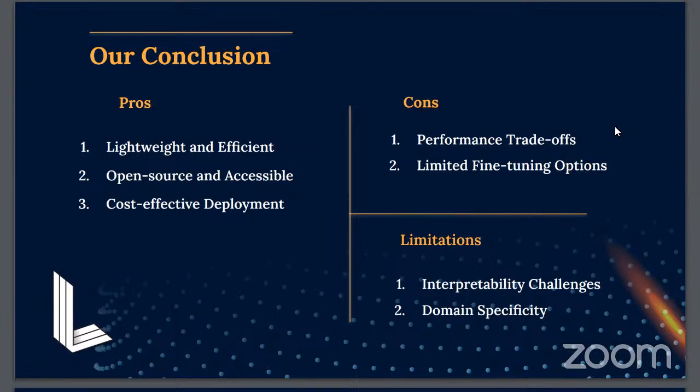The second is that it's open source and accessible, available on Hugging Face, so it can be accessed openly. The third is cost-effective deployment. Training and running TinyLlama requires significantly less infrastructure and financial resources, making it accessible even to individual researchers.